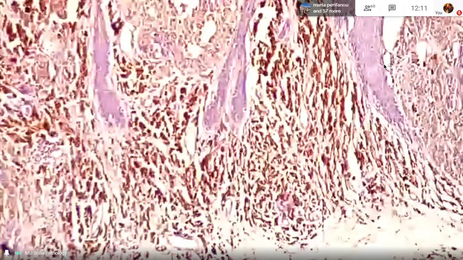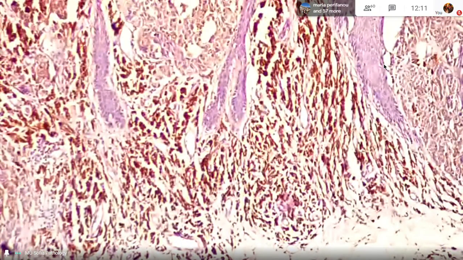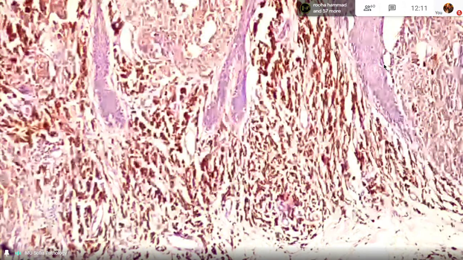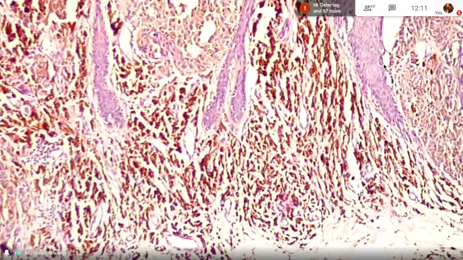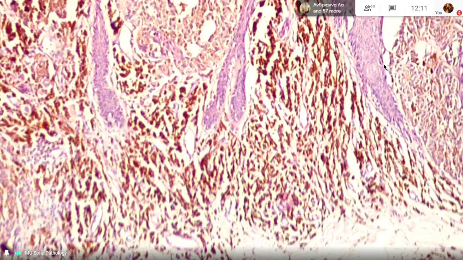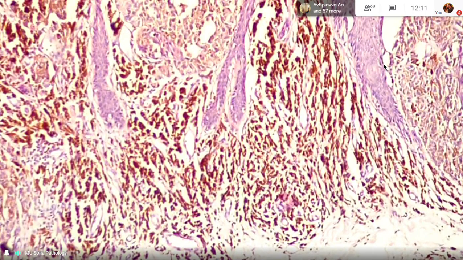That's why it's recommended a sentinel lymph node biopsy to be performed for the patients with malignant melanoma, not to miss the proper time for therapy for these patients because it's really very, very aggressive. But nowadays, with the new approach for the treatment, we can control the disease if it is at early diagnosis, early stage for the melanoma itself.